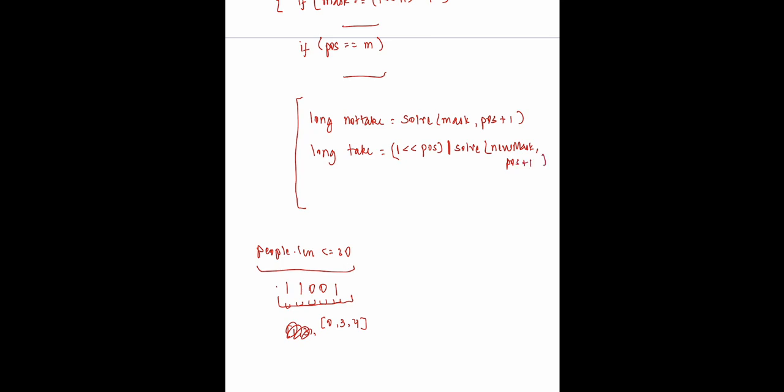Because I chose this person, I set its bit in a long value to 1, denoting that I chose this position. Whatever gets returned from solve of new mask and position plus one is another long value with other bits set, denoting other chosen positions. Combining them with OR means I chose this person now, and in future operations I chose others. Now, what is this new mask?